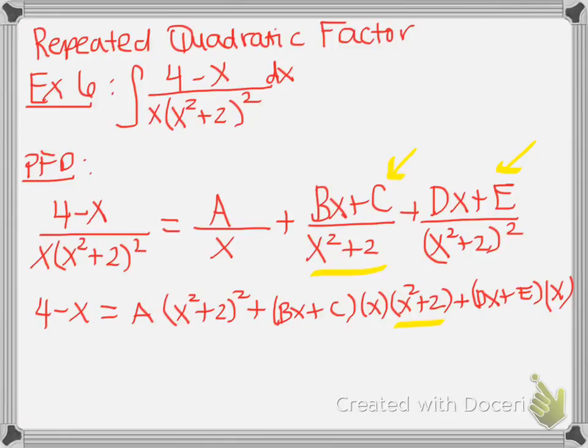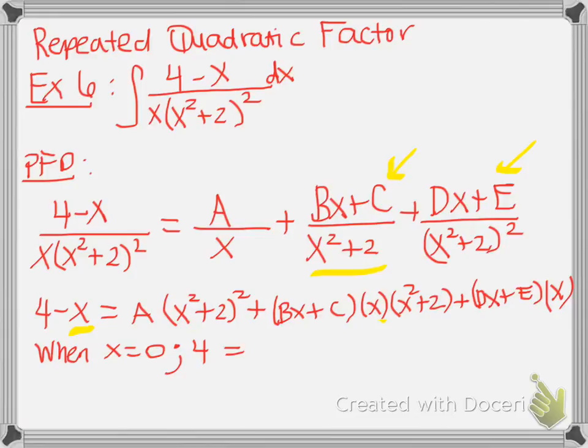In here, since x squared plus 2 is irreducible, there are no real roots there. But we have an x, so x equals 0 is one of our zeros. When x equals 0, the left-hand side gives us just 4, and that equals the right-hand side.